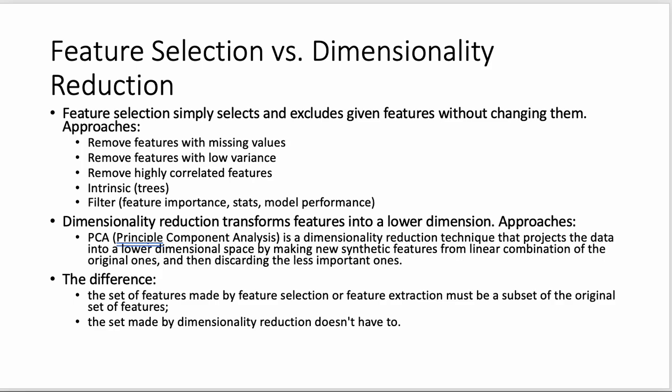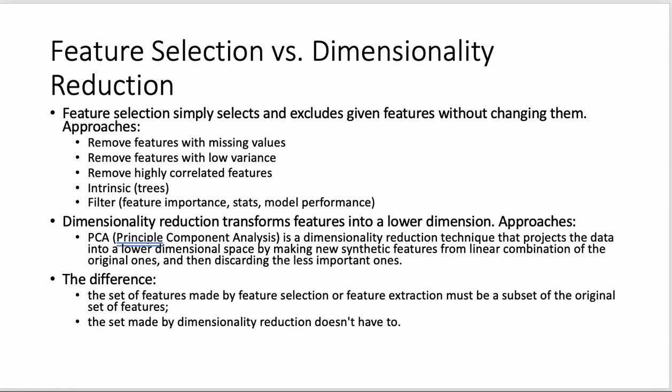So feature selection is different from dimensionality reduction in that feature selection simply selects and excludes given features without changing them, right? Versus dimensionality reduction transforms features into lower dimension, it actually changes them. Feature selection can be removing features with missing values, low variance, or highly correlated features, or using filter methods or embedded methods.